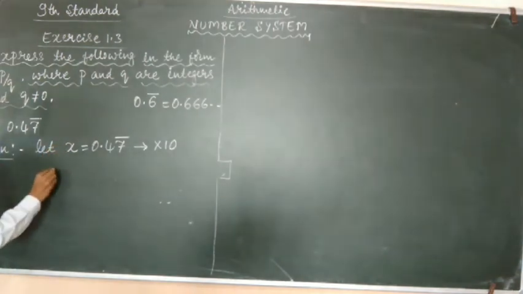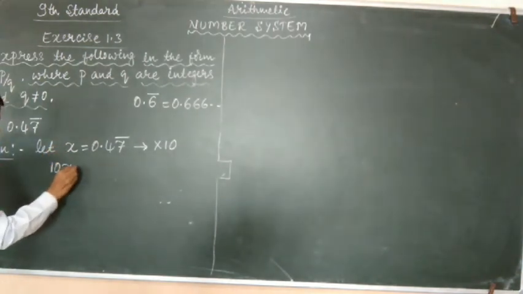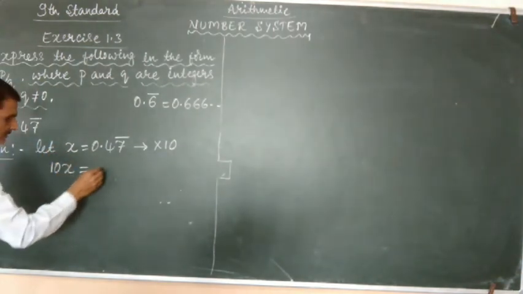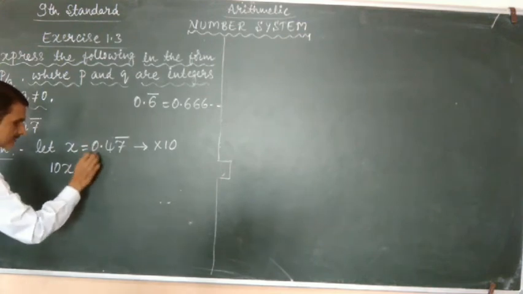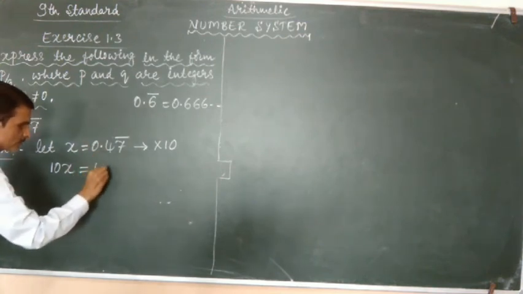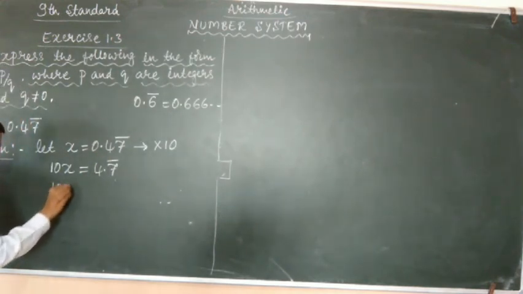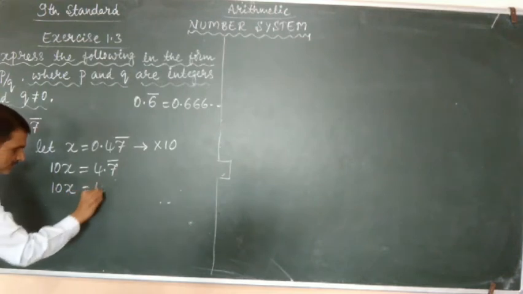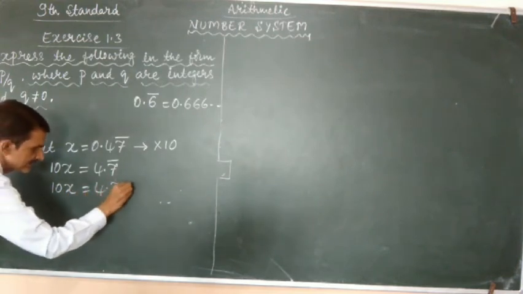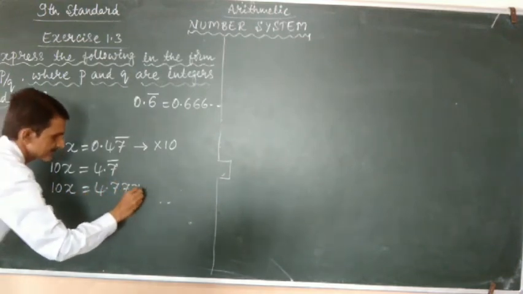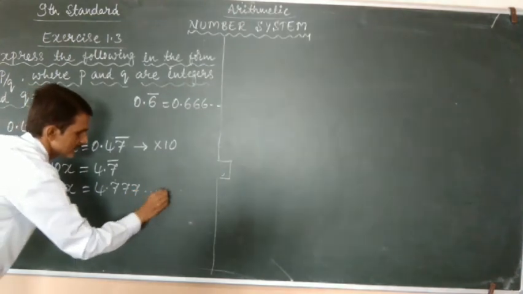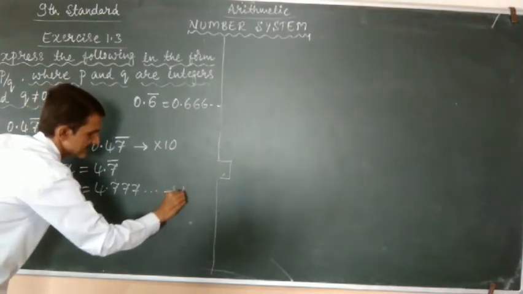We will get 10x in the left side, and in the right side 4.7 bar, or we can write it as 10x equals 4.777 etc. Call this equation number 1.